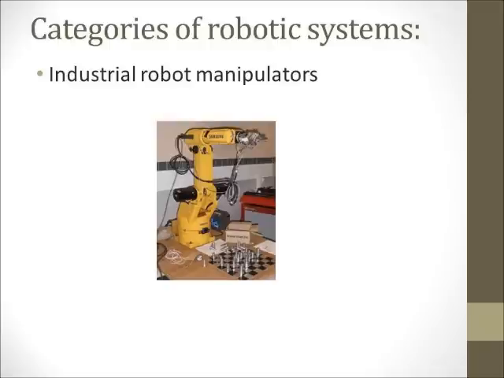Let's see the categories of robotic systems. There are the industrial robot manipulators. An industrial robot is an automatically controlled, programmable, multi-purpose manipulator programmable in 3 or more axes. The field of robotics may be more practically defined as the study, design and use of robot systems for manufacturing.